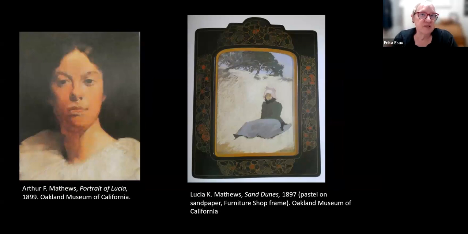Apparently, because Whistler was American, many women went to France and studied in his studio or at his school. So there was a whole group of what were called the Californian girls.